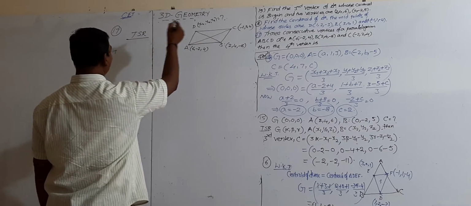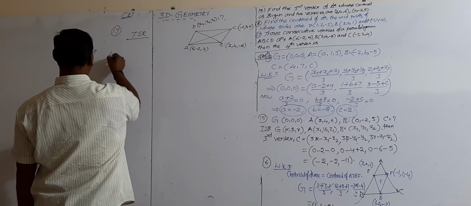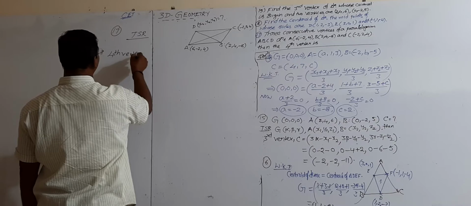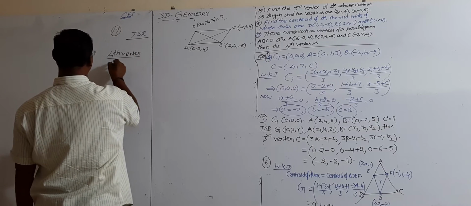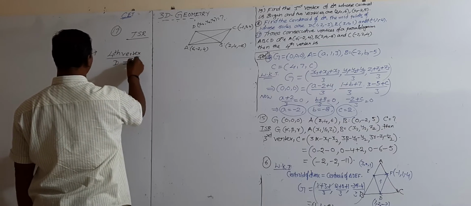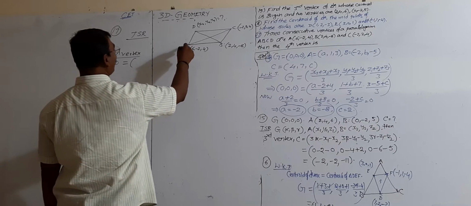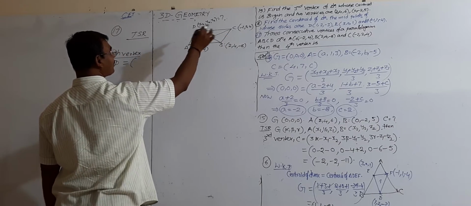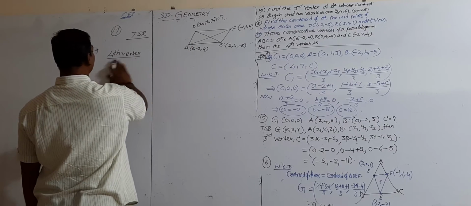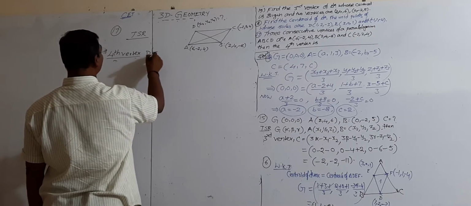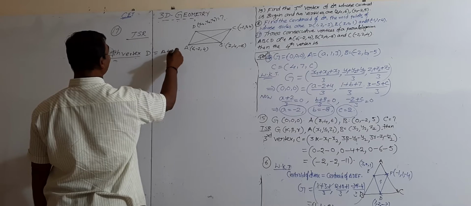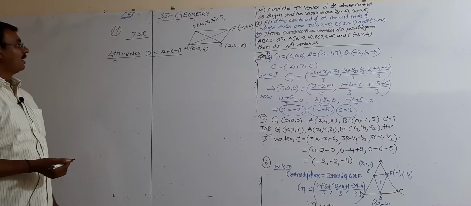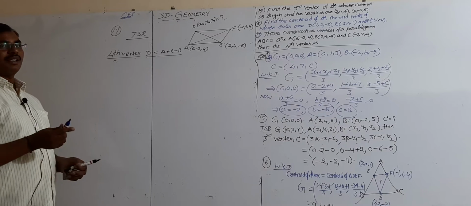A, B, C are given, so I take D directly by the formula of adding opposite vertices: D is equal to A plus C minus B. This is the shortcut.